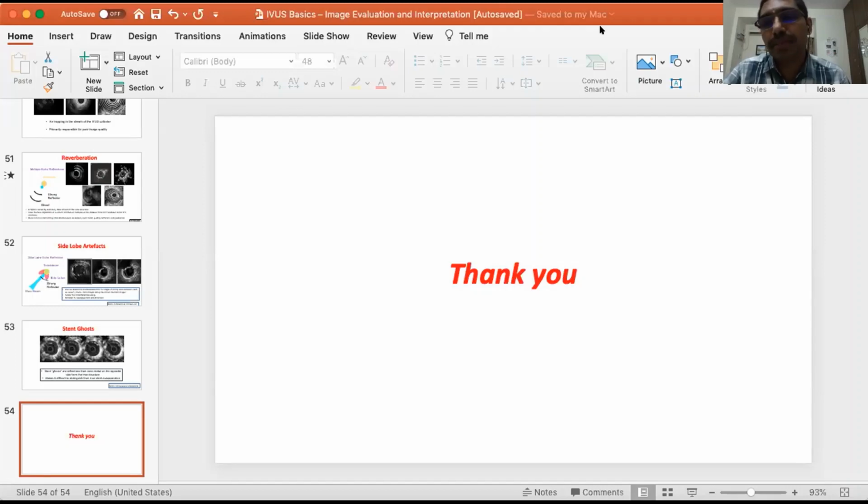An additional criterion is defined in the ILUMIEN 3 study, which considers an adequate lumen as at least 90% of the reference lumen area. And practically, if you feel that the lumen area is not adequate, you have to address it with balloon dilatation, aspiration, or additional stenting.